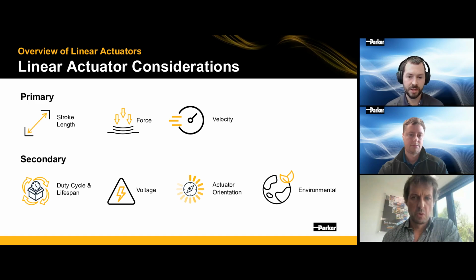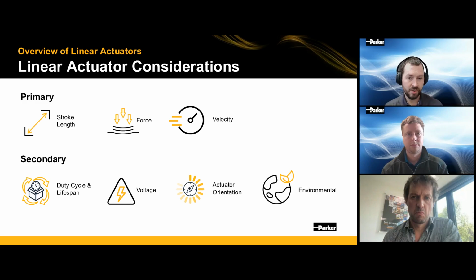Second would be voltage. As we are talking about electrified linear actuators here, and a lot of your existing mobile systems likely have some internal combustion engine, there may be a legacy hydraulic or electrical system that you are working around.